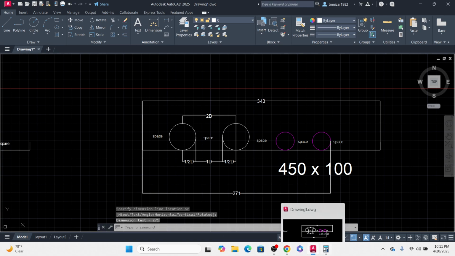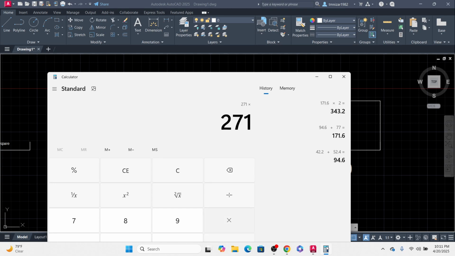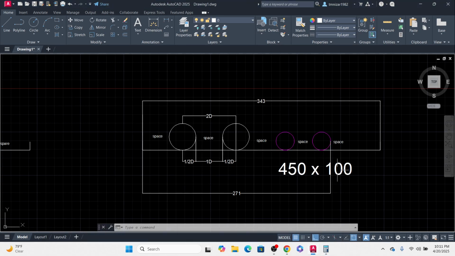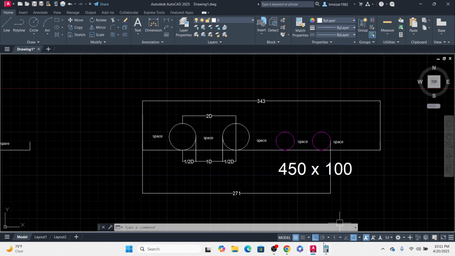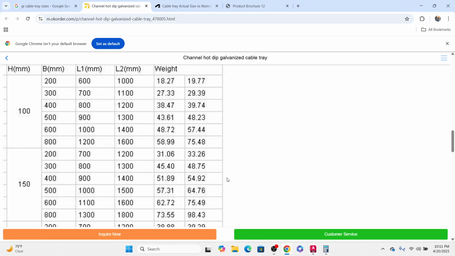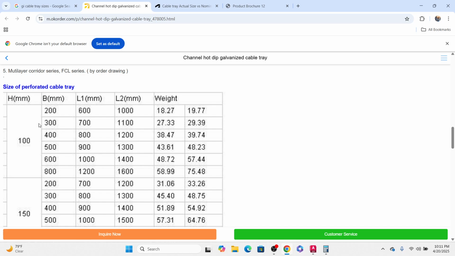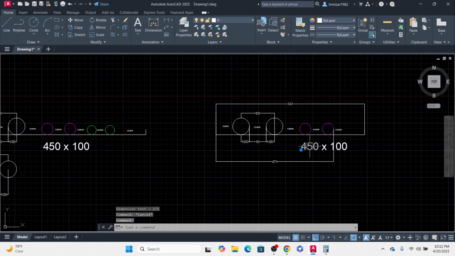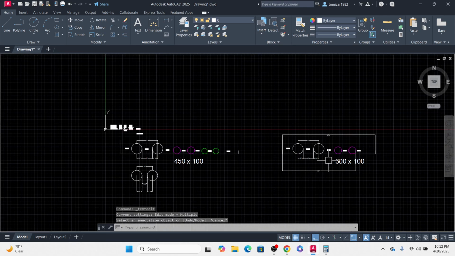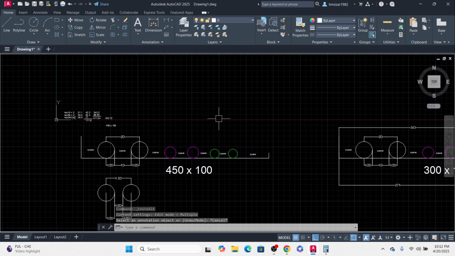So let's calculate 271 into 0.254 plus 271 approximate. So it's coming 325. So you can manage with the 300, because it's 25 mm. You can go with the 300. It depends how the consultant agrees. Okay, so this one can be 300 by 100.